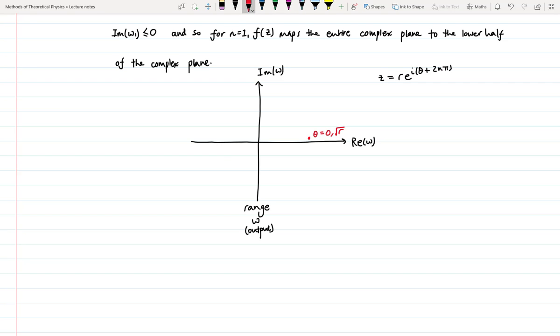Beginning with n equals 0, in other words, the function w0, we know that as theta varies from 0 to 2 pi, we're going to be constrained to the upper half of the complex plane. And I'm going to draw it as a semicircle with radius given by the square root of r, which executes this half circuit.